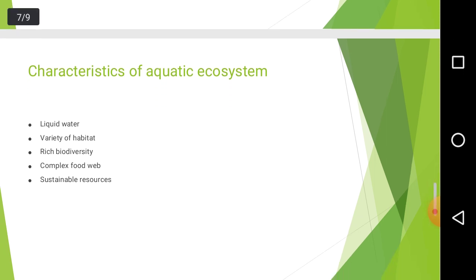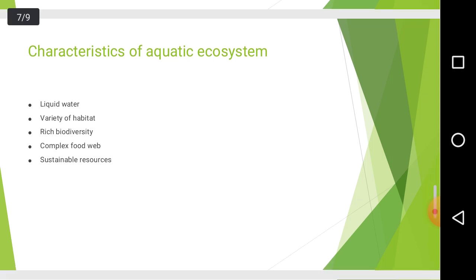On liquid water, our ecosystem is composed of water, and the water is unique, which provides essential elements for life, like for different animals that live in the oceans. They are able to survive just because there are different elements that make them survive.